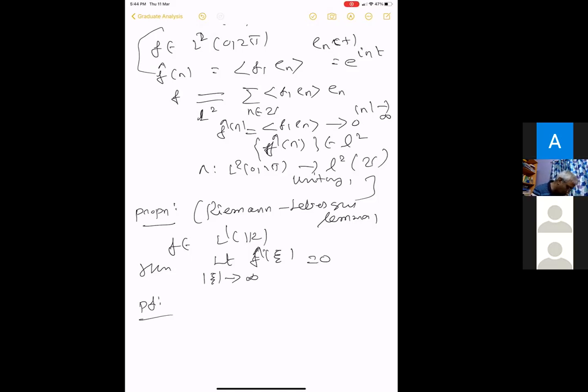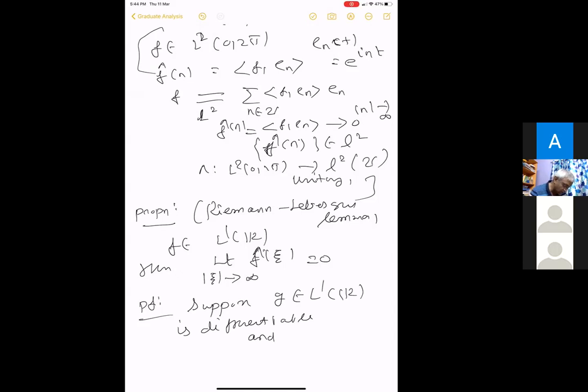So suppose g in L1 of R is differentiable. We usually have functions which are almost everywhere defined, but sometimes we consider them as functions defined everywhere. Suppose you have a differentiable function and g is compactly supported.